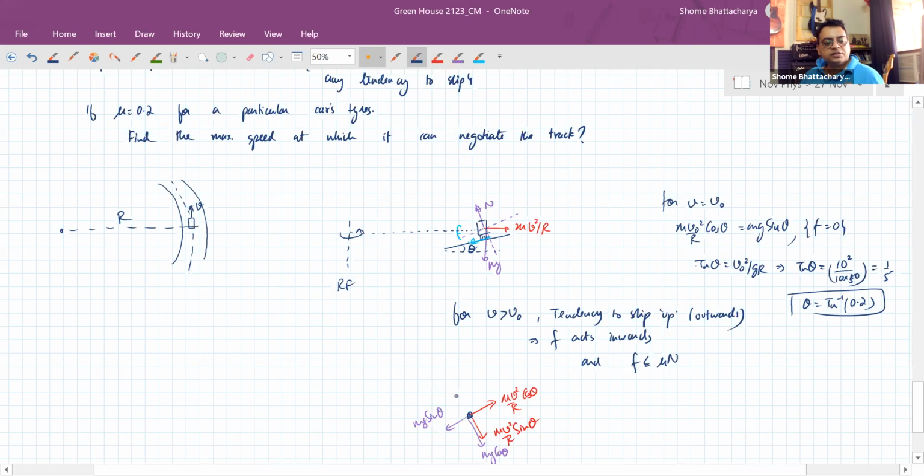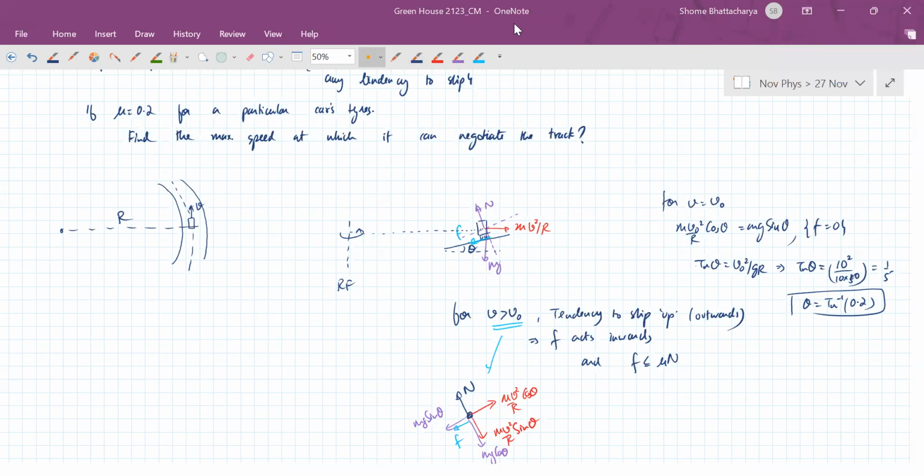We have a normal reaction like this. And now because V is greater than V naught, friction has to act like this. And then from this you can find the limiting condition that the friction should not exceed mu n. So in terms of solving, it's very similar to the last question we have done, only we'll find the limiting value of V instead of the limiting value of omega.